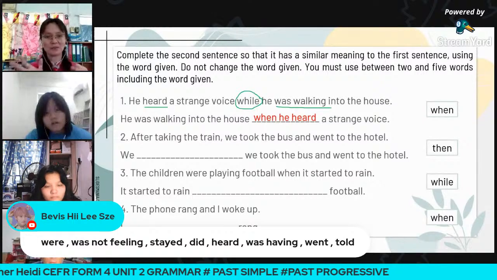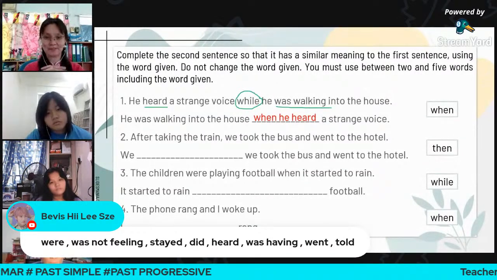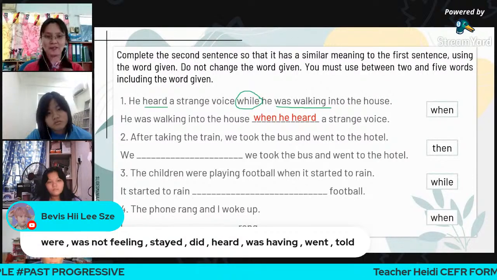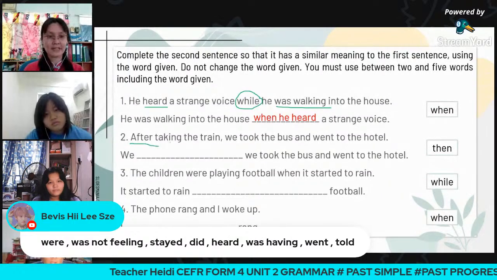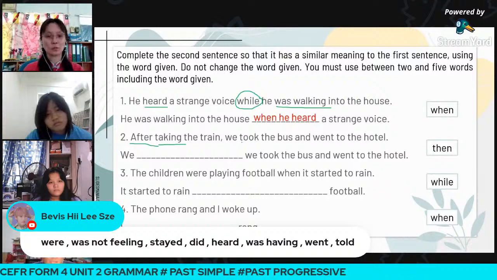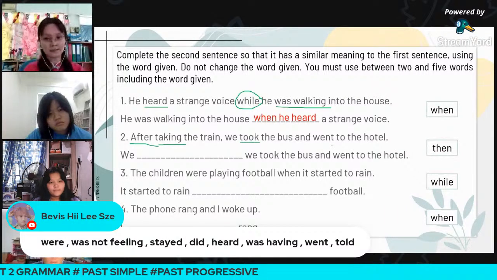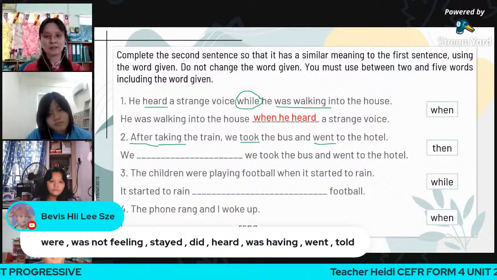Okay. How about the number 2? How are you going to use the word then, after taking? After, you see the word after here? After taking the train, then we took the bus and went to the hotel. We what?